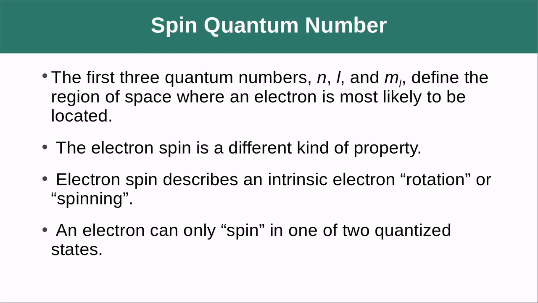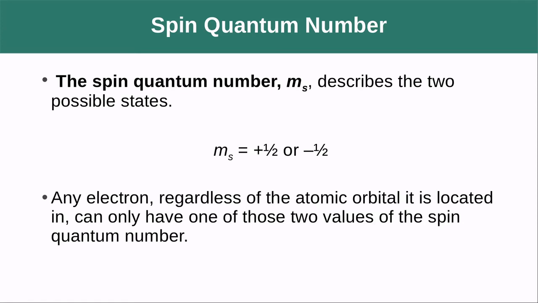The book makes this statement, and I do have to mention that it's actually pretty much wrong. The electron isn't really spinning. What it's really trying to get at is that electrons have a directional vector that's associated with magnetism.